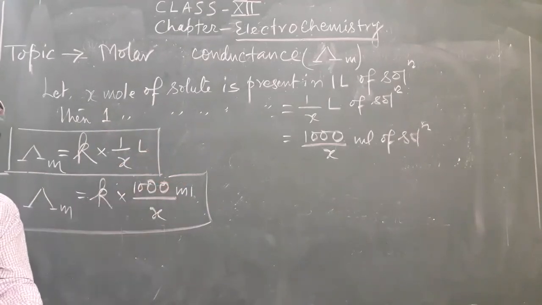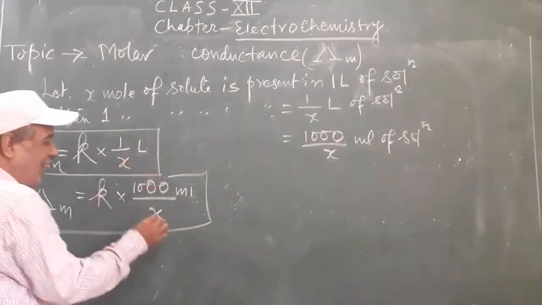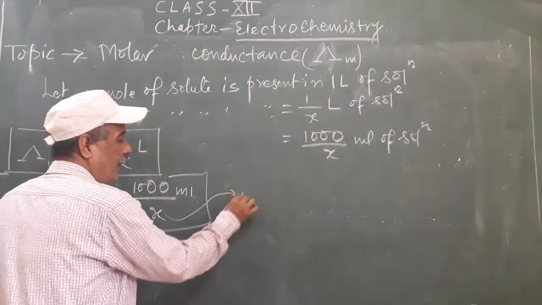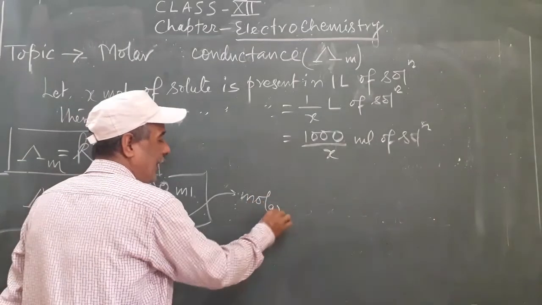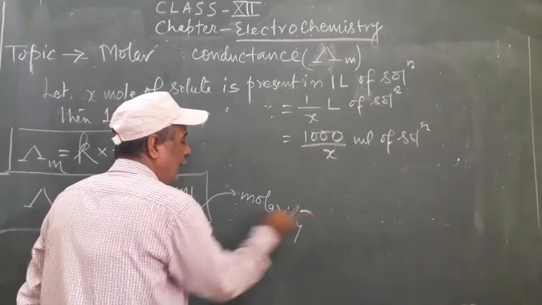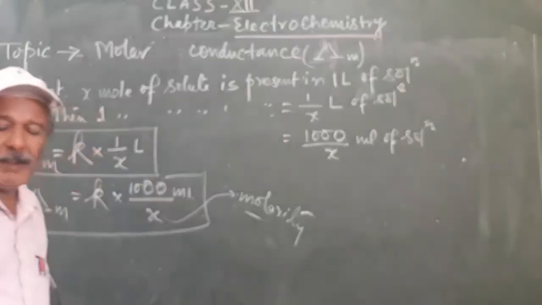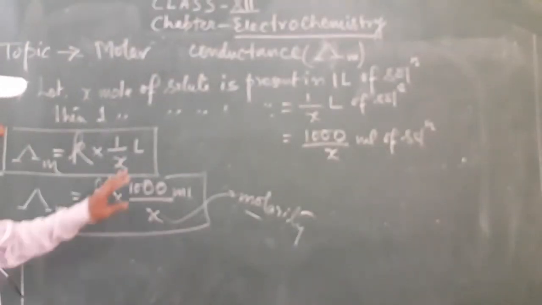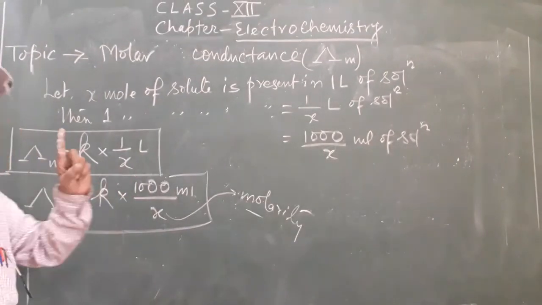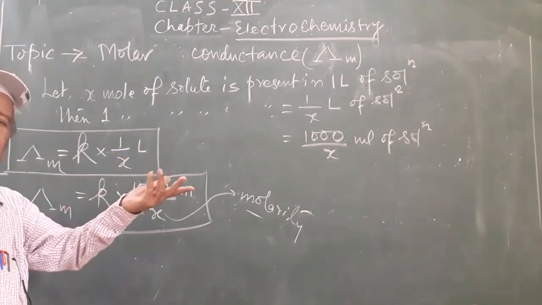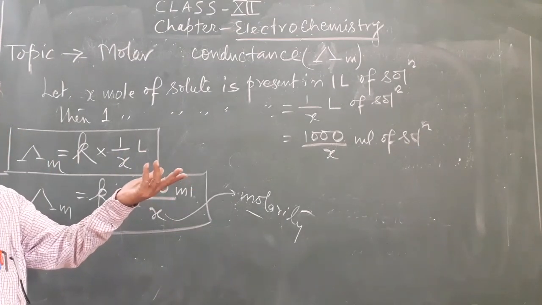Obviously, what is it? It is molarity. Where this x is molarity, means when in a numerical the molarity of the solution is given, and out of these two, one will be given, the second we can calculate very easily.